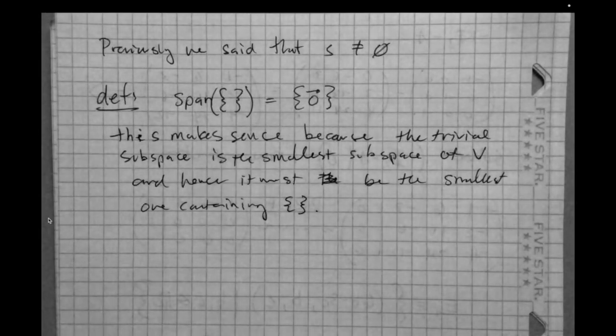It's almost like the zero vector is inserted into every vector space. Every subspace must contain the zero vector, and so it's natural that the span of the empty set would contain nothing but the zero vector. It's going to have to be the smallest subspace, which would naturally be the subspace that contains nothing but the zero vector.